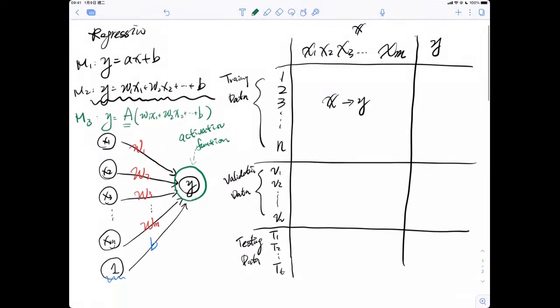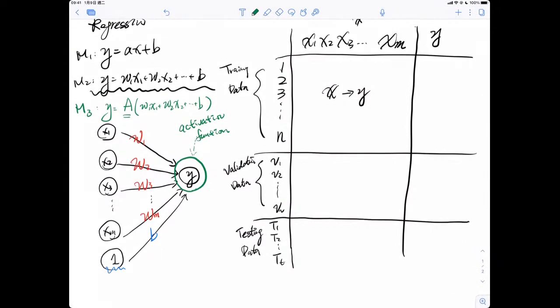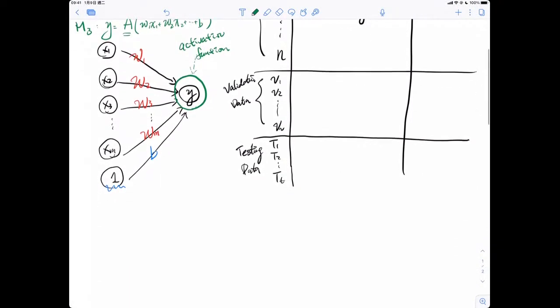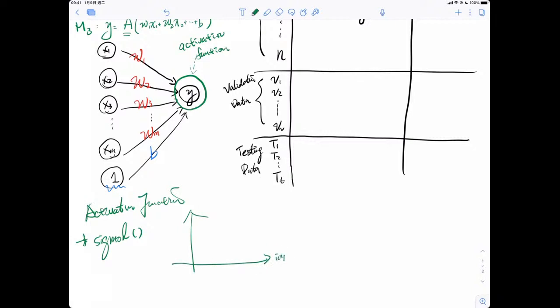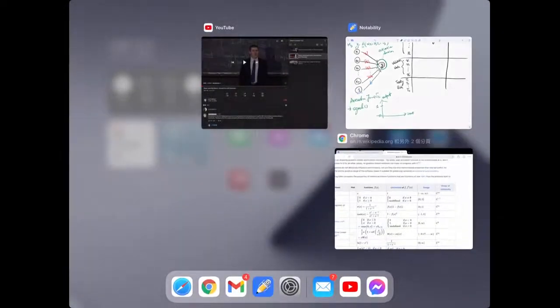Let's take a look at the activation functions. The first one is the sigmoid function. It looks like this. That is your input, that is your output. The range is between 0 and 1, and the shape is like this one.